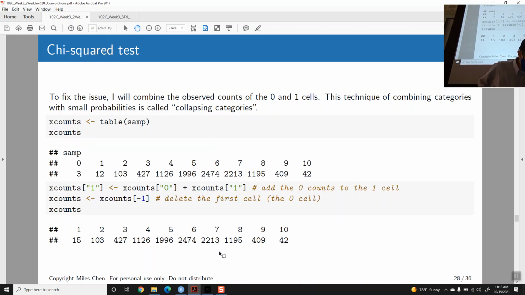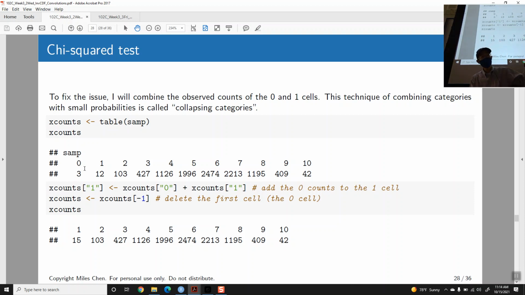So you'll run into this issue in your next homework as well, is that we might have to combine certain cells, right? So here, as far as the outcomes 0 and 1 go, for 0 the expected count is too small. So what I'm going to do is collapse these really tiny categories, okay?